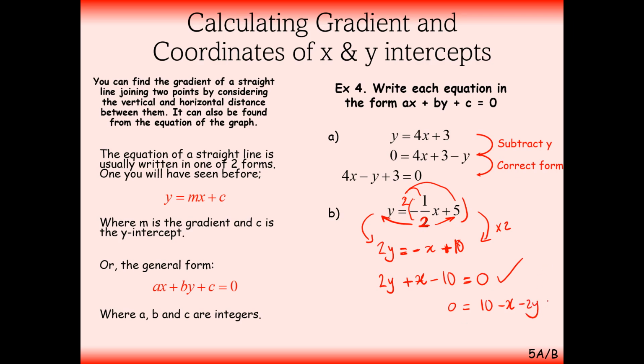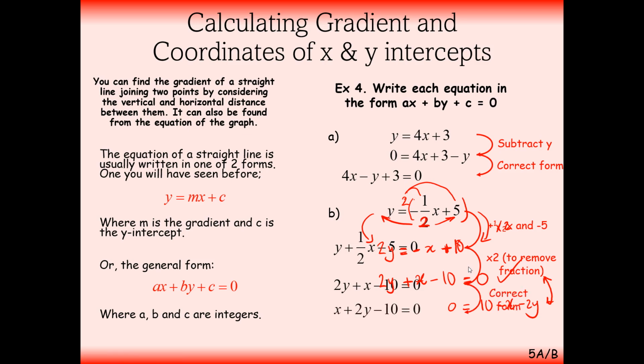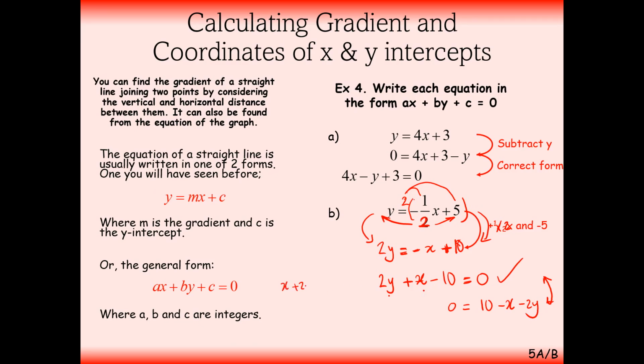They're both the same thing. These two lines are equivalent. So x plus 2y minus 10 is exactly what we had here. If you wrote x first and 2y, it doesn't matter. It's still the same thing.